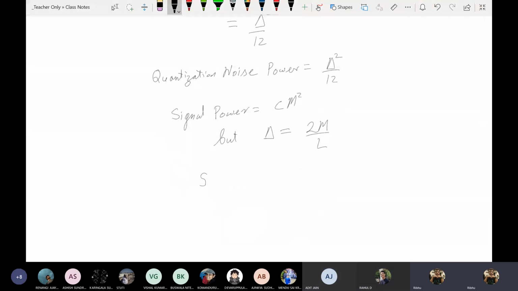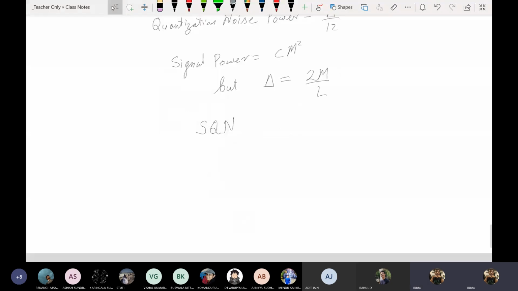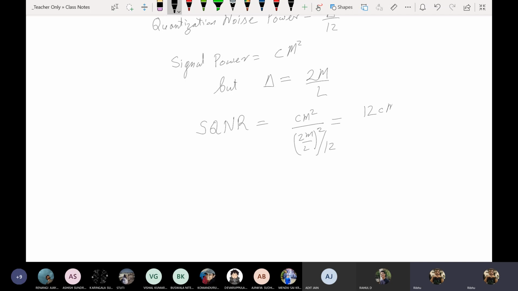The signal to quantization noise ratio, call this SQNR, is Cm square divided by (2m by L) whole square divided by 12, equals 12 Cm square divided by 4m square by L square. M squared cancels, 4 and 12 give 3, so 3C L square. Fine.